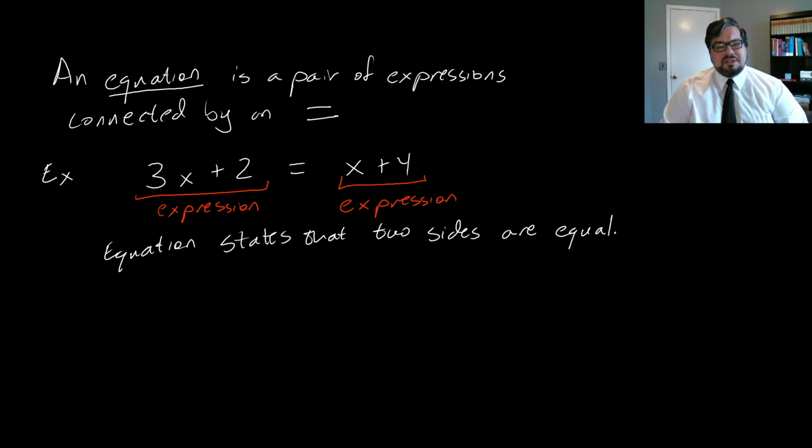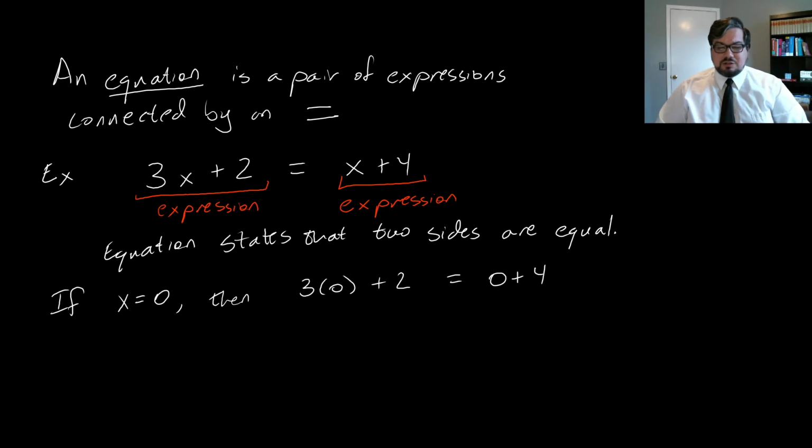So note that in this equation, if we consider the possible value 0 for x, we can look at what happens when we replace x with 0 in this equation. We would get 3 times 0 plus 2 on the left equals 0 plus 4 on the right.